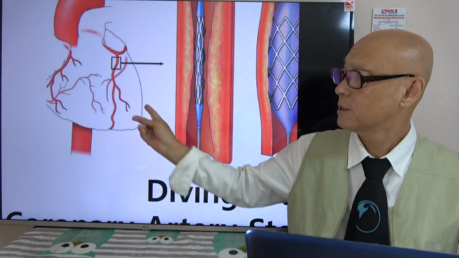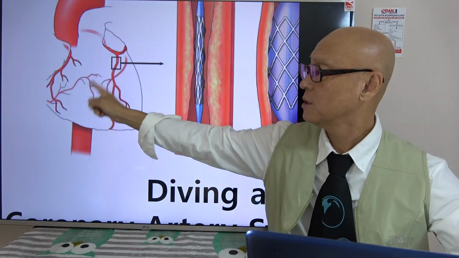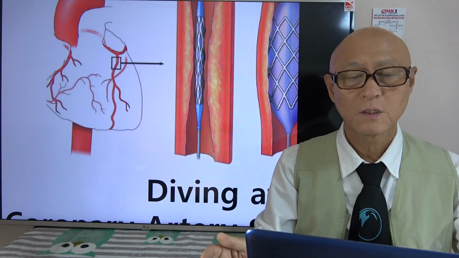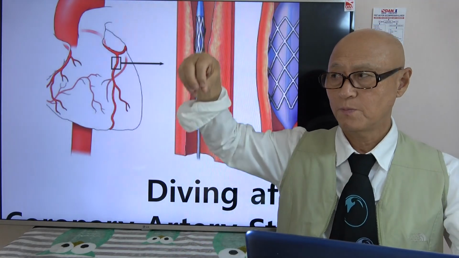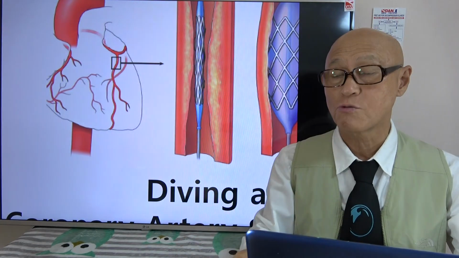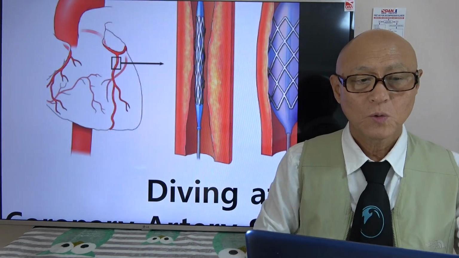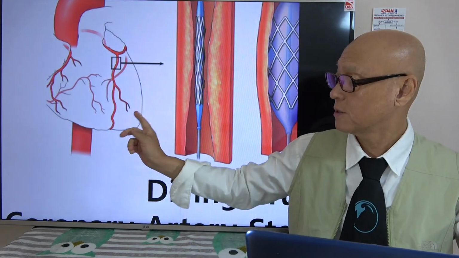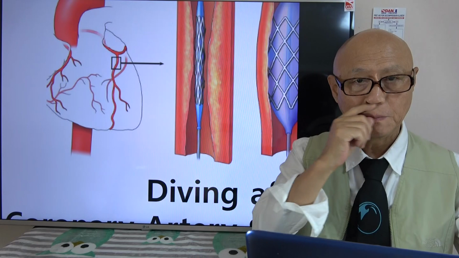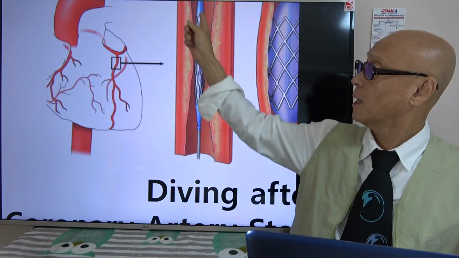Okay, this is the heart, and these are branches of coronary artery. These are called the coronary artery because from the top they come down around the heart and look like a crown. So when a part of the artery is narrowed, we put something like this.